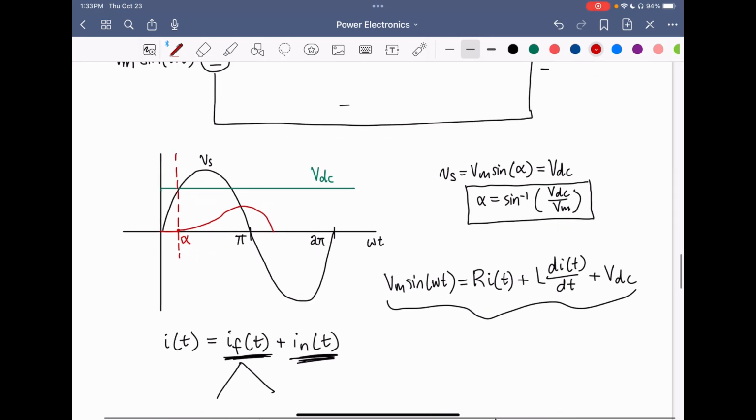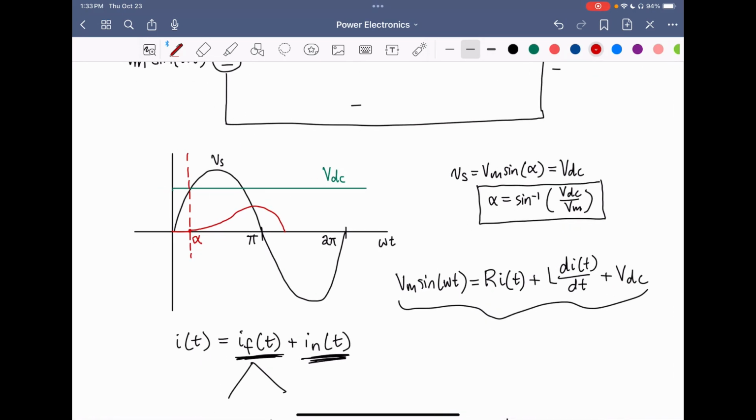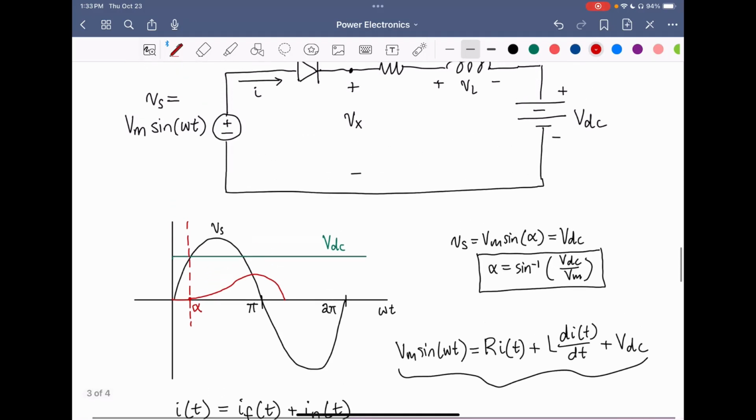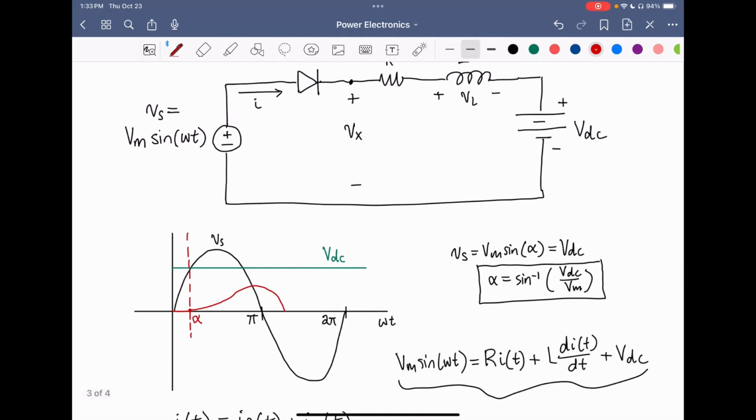And at this point, the equation is going to want to say that the current goes negative, as in the current changes direction in the circuit. But the diode is going to prevent any current from going in the opposite direction. So the diode's going to stop conducting at this point, and the current will remain 0 for the rest of the period.